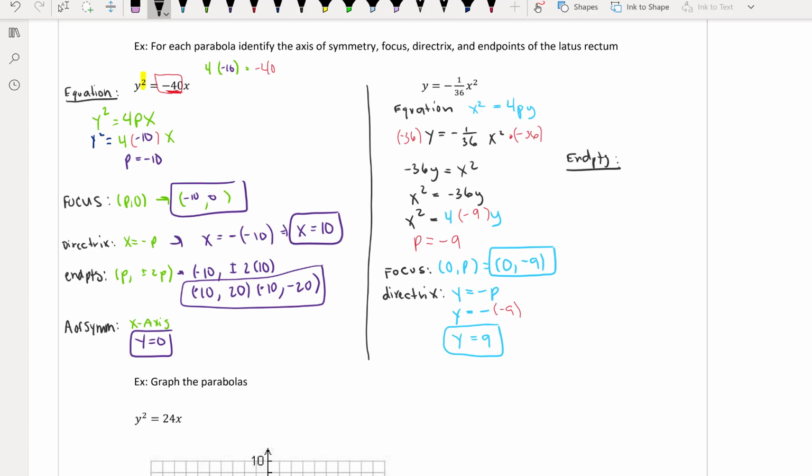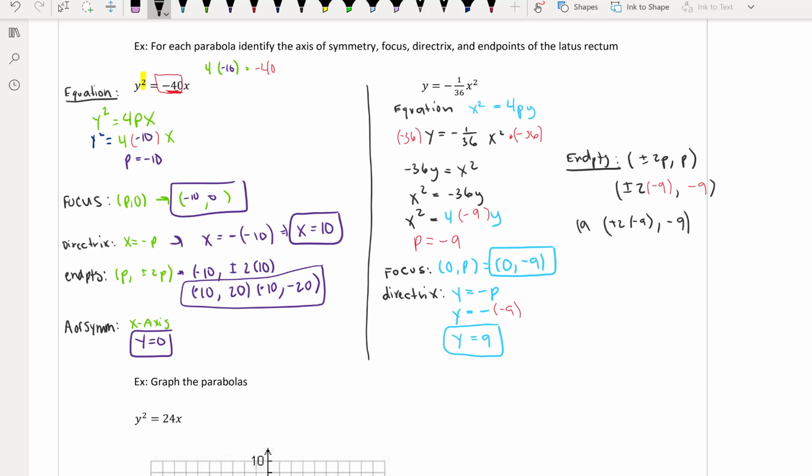So for my endpoints, I have plus or minus 2p, comma, p. Okay. So I'm going to have plus or minus 2 times my p-value, which is a negative 9, comma, negative 9. So this is telling me that I have a positive 2 times negative 9, comma, negative 9.